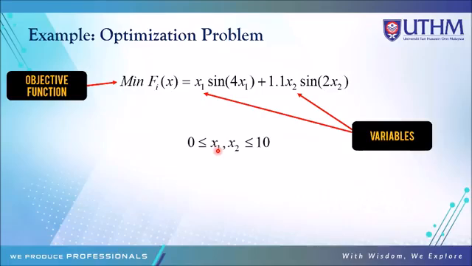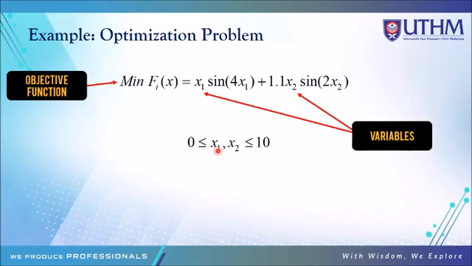But in a real application, maybe in your application, you have more than two variables. Maybe you have 10 variables to optimize your system. In my personal experience, in power dispatch, sometimes I need to solve more than 100 variables.